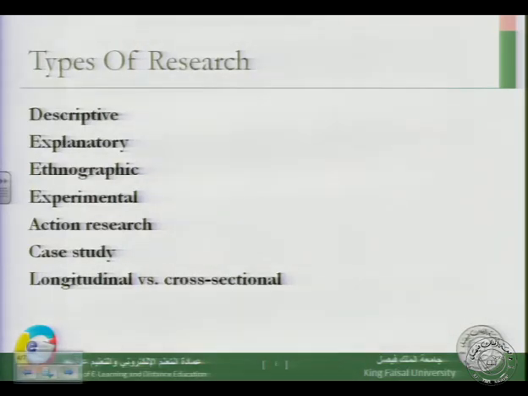Cross-sectional, I don't have to track the same students. Let's say that I want to compare the English level of students from the first year and then students from the fourth year. Two different groups, first year, fourth year, and then I want just to compare their performance.